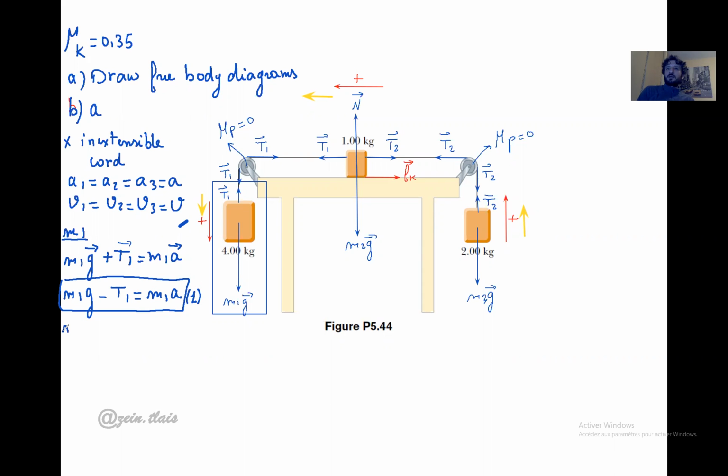Now we apply Newton's law on mass 2. What we have here, we have N applied on the object. We have T1 to the left, T2 to the right, and we have M2g down, equals M2A.